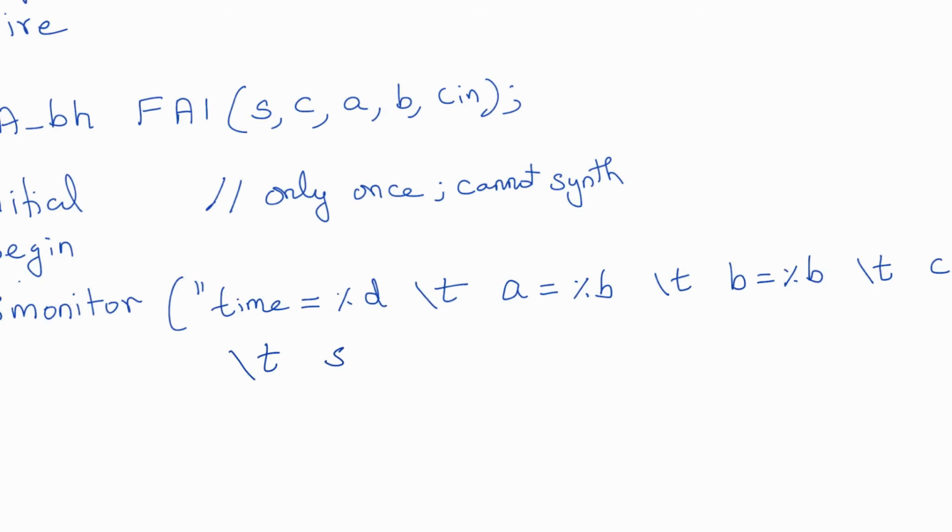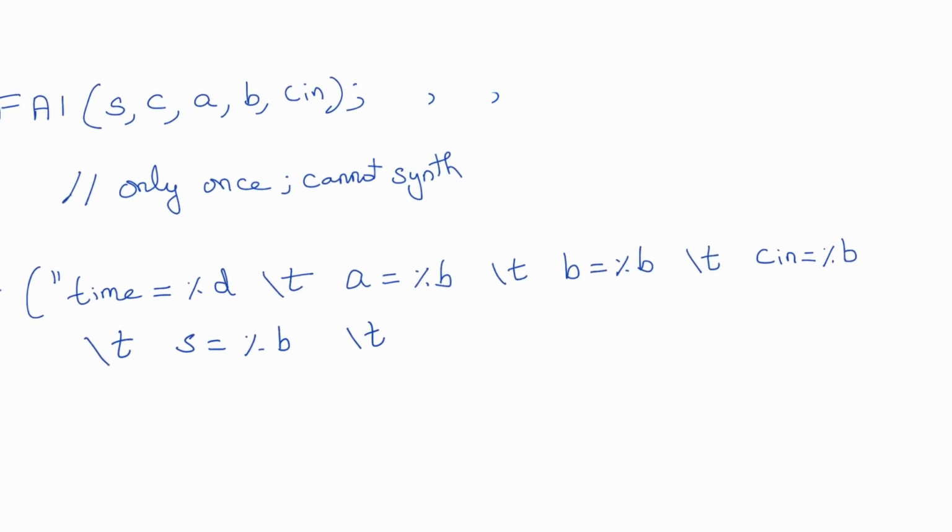\t, s is equal to %b, \t, c is equal to %b, and once you've given the list of all things you want to watch, close quotes, comma, and start giving the actual values, the local values.